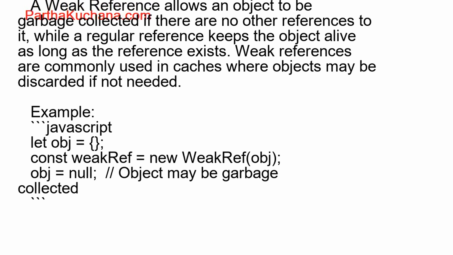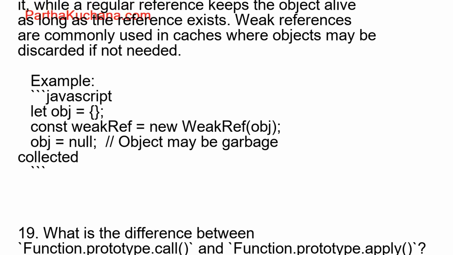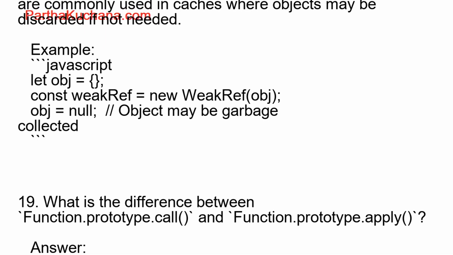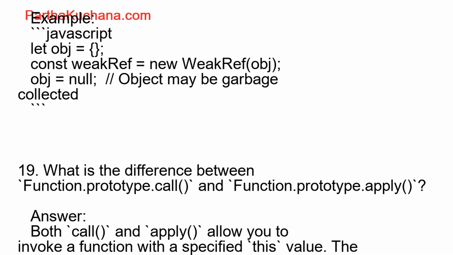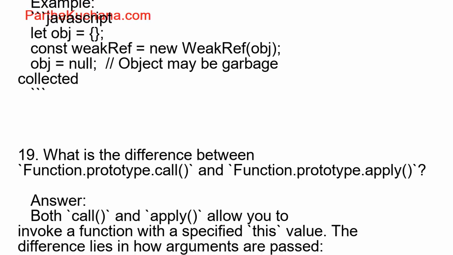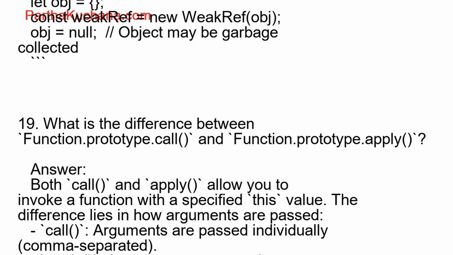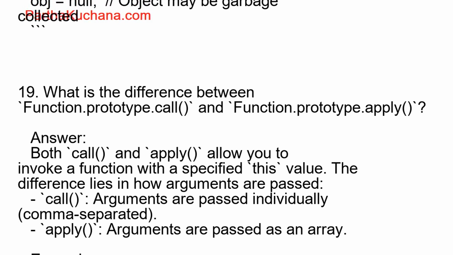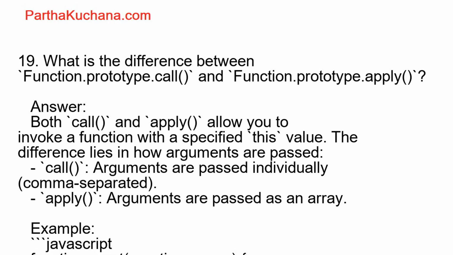21. Explain the difference between == and === in JavaScript. Answer. The == operator checks for equality, but performs type coercion if necessary, meaning values of different types can be considered equal. The === operator, known as the strict equality operator, checks for equality without performing type coercion, so the values must be of the same type to be considered equal.